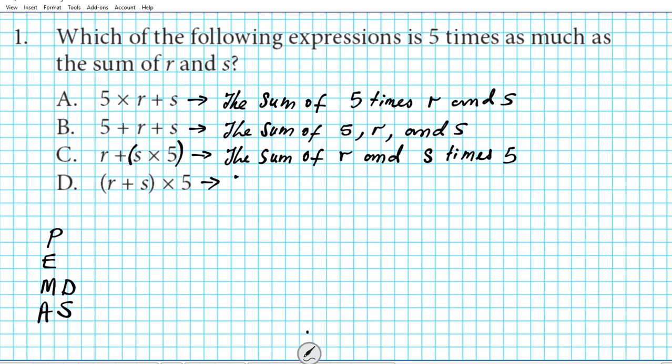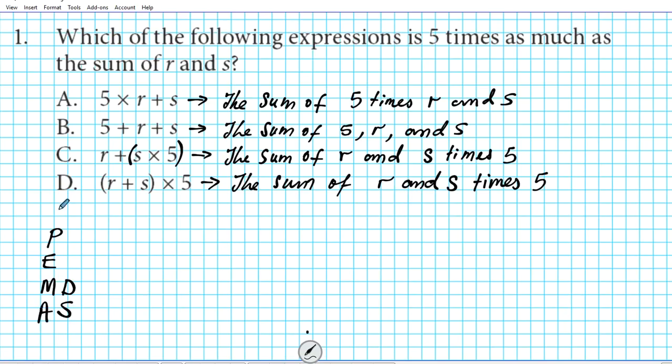So you can write this as the sum of r and s times 5. We can also rewrite this in a different order, since multiplication commutes.